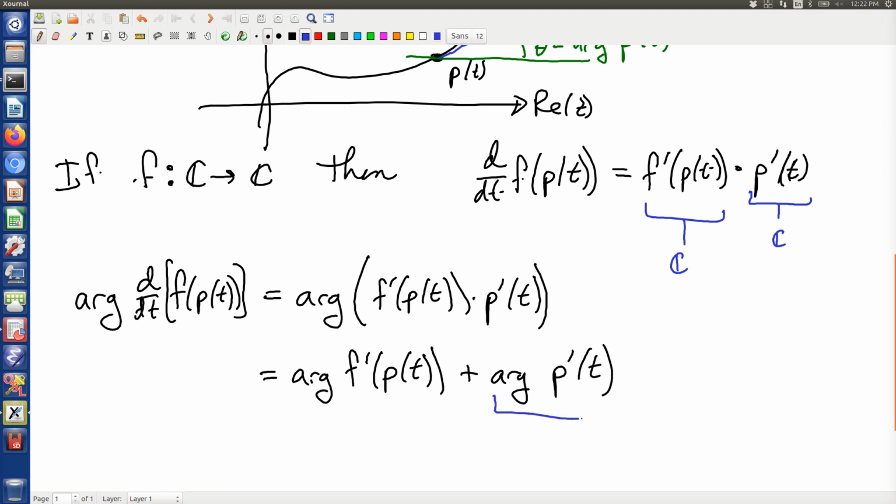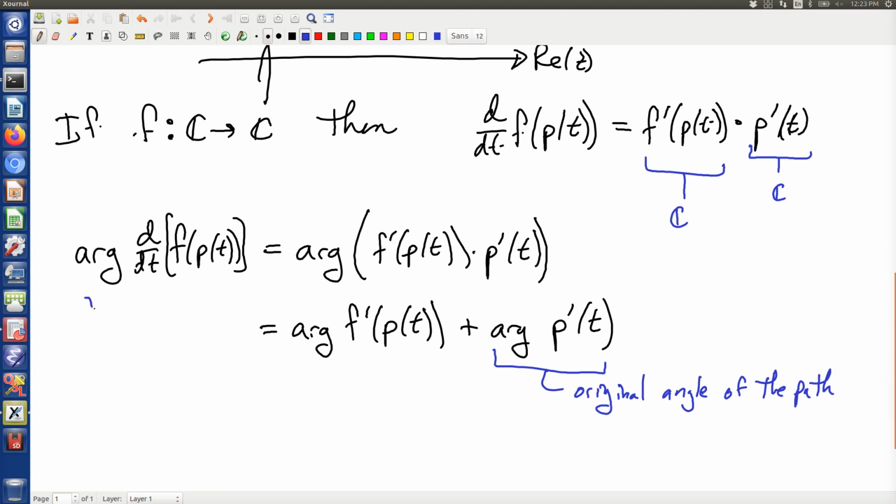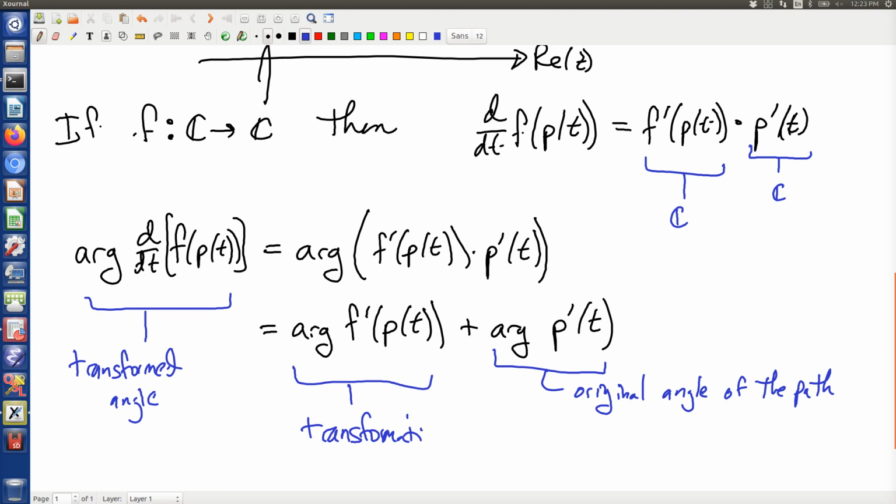This is the original angle of the path. Of course, this is the transformed angle. And so all that the transformation does is it applies a rotation, provided f prime is not 0.